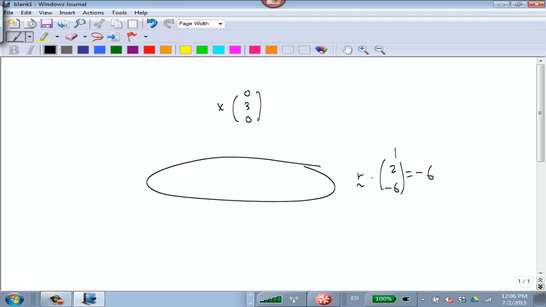Is it correct? Yeah, from the picture. Then it's given that plane P is equidistant between this and the point. So plane P should be here. Agree?